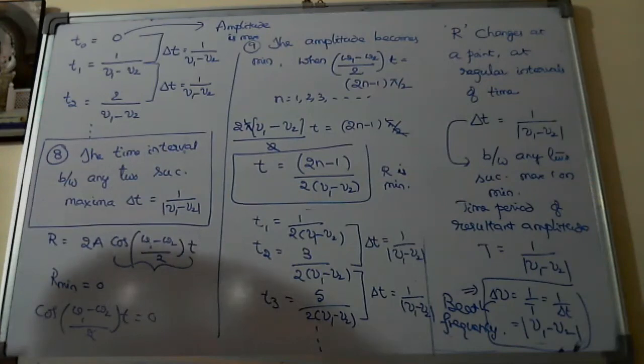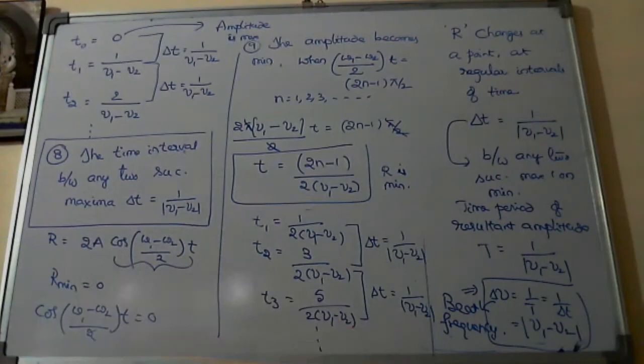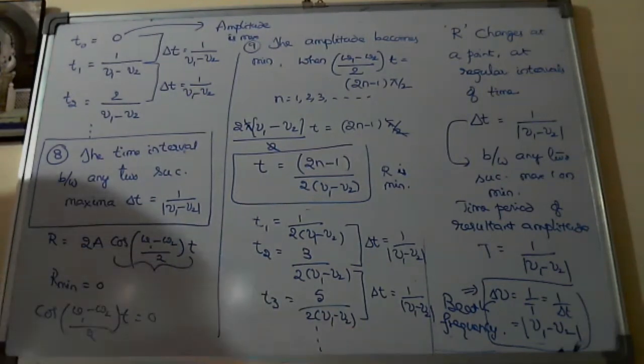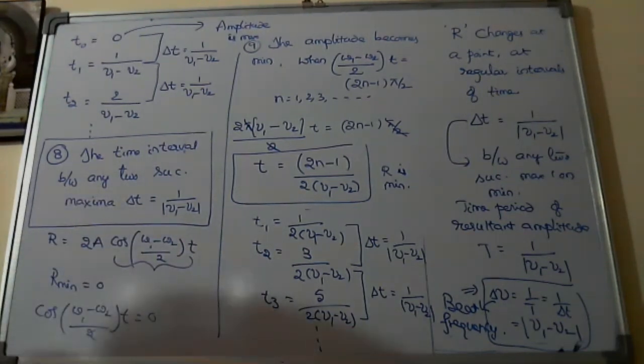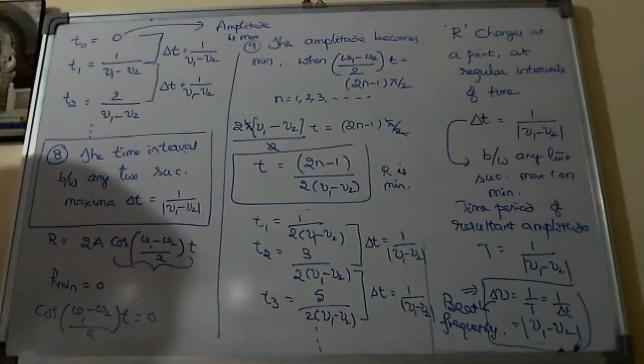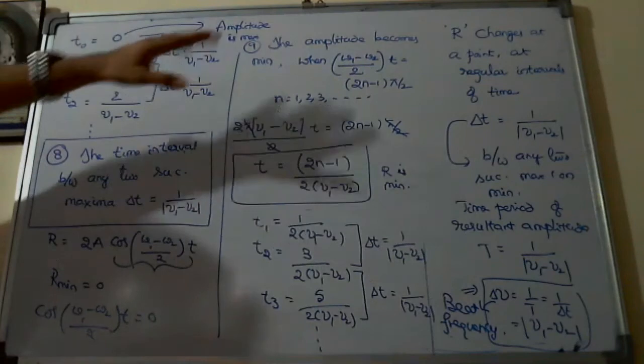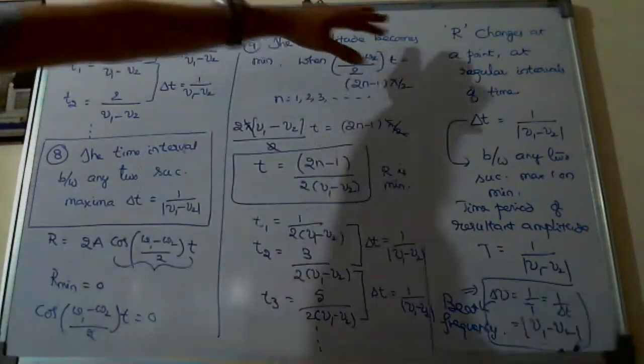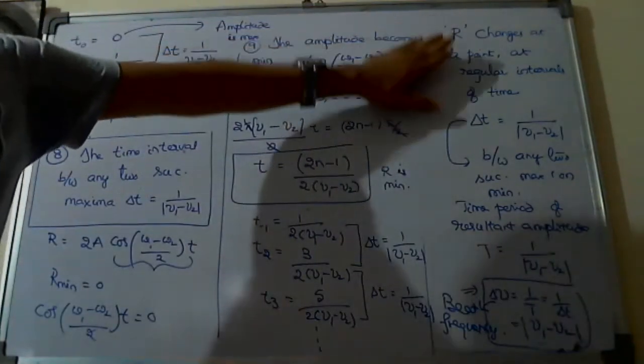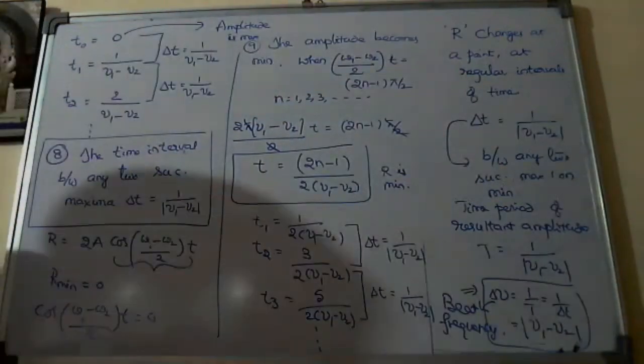Once again, try to understand. Two sound waves, or two mechanical waves of different frequencies, traveling in the same direction and superposing at a point without initial epoch, then at that point the resultant amplitude becomes maximum and minimum at regular intervals of time.